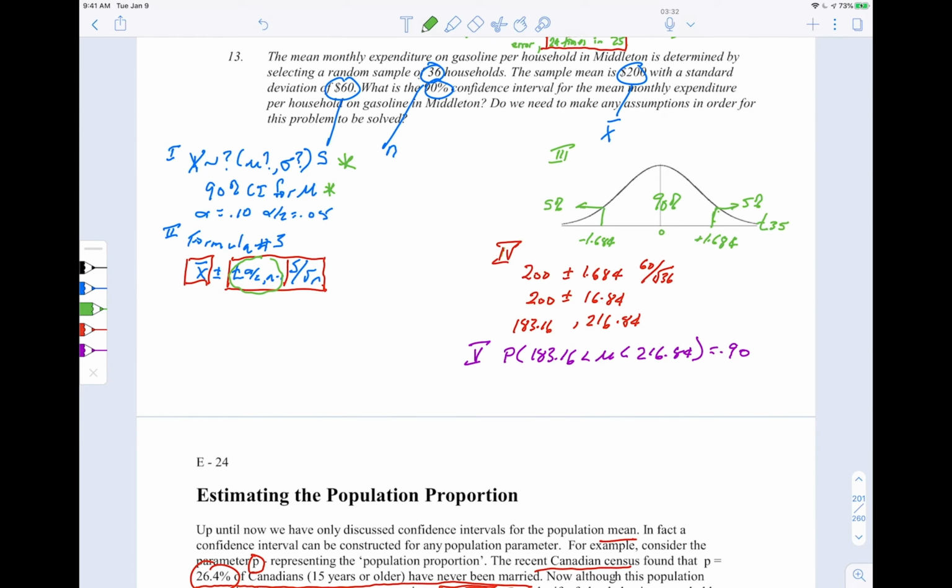As soon as you take a sample, then you introduce uncertainty, and so we're going to come up with a 90% confidence interval, meaning that we have to be okay with a 10% possibility of making a sampling error. That gives us an alpha of 10%, and in a confidence interval, you split that alpha in half, and so that alpha in half is going to be 0.05.